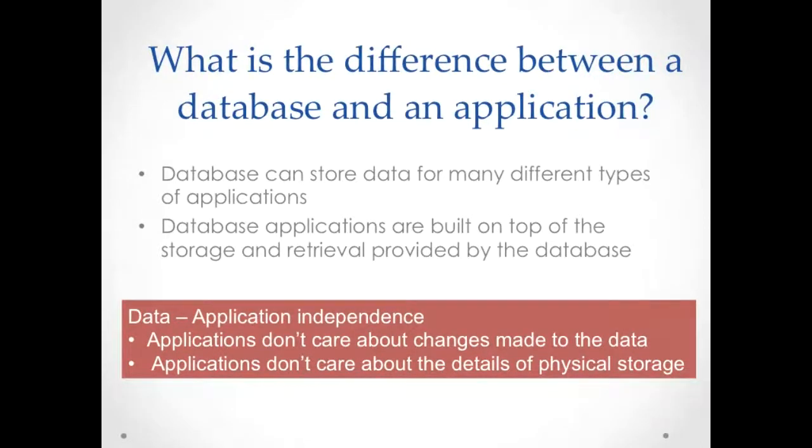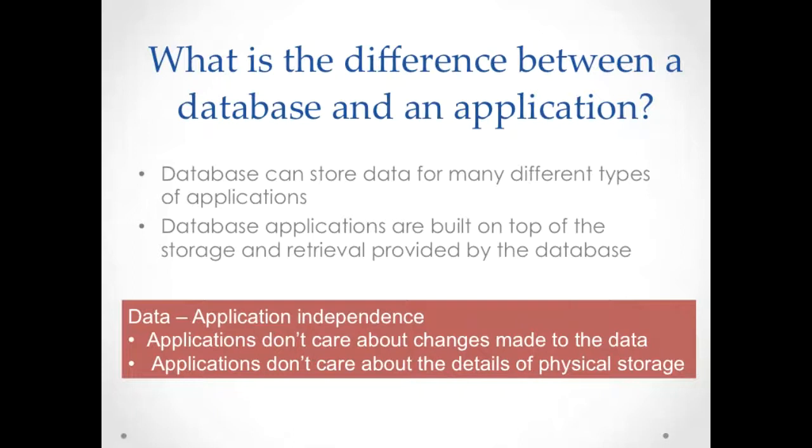Data application independence means that the software is engineered such that software applications don't care about the underlying data. As long as the software understands logically how the data are structured, meaning sort of what data are in what table, which we'll learn exactly what that means in about 10 minutes.